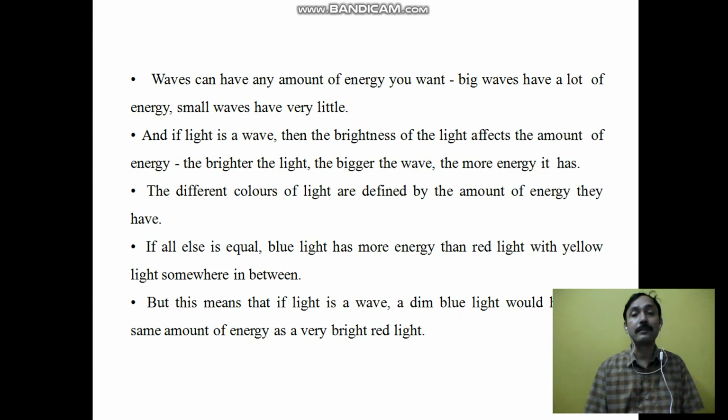The different colors of light are defined by the amount of energy they have. If all else is equal, blue light has more energy than red light, with yellow light somewhere in between. But this means that if light is a wave, a dim blue light would have the same amount of energy as a very bright red light.